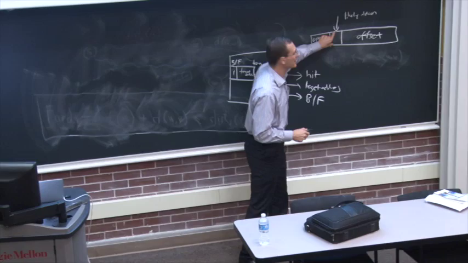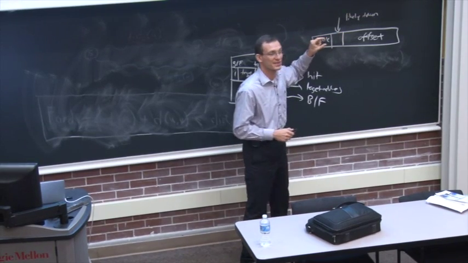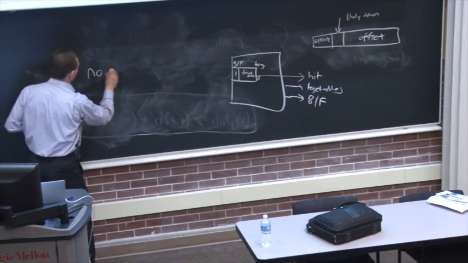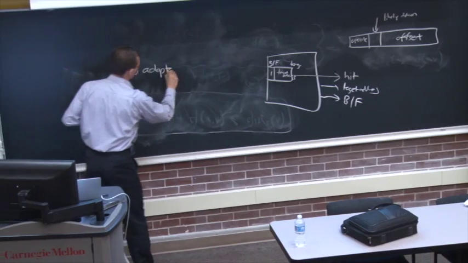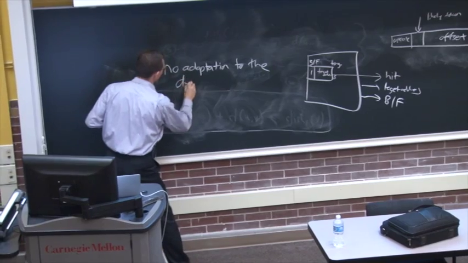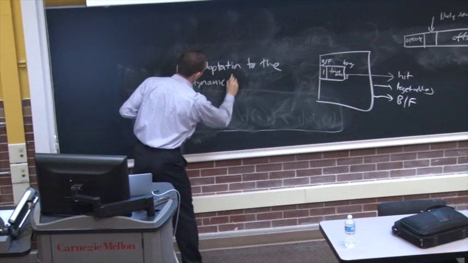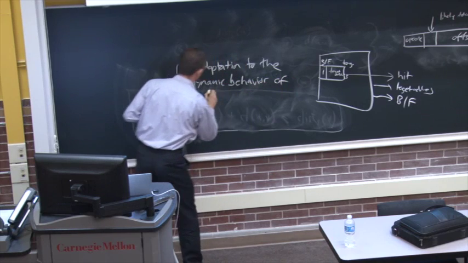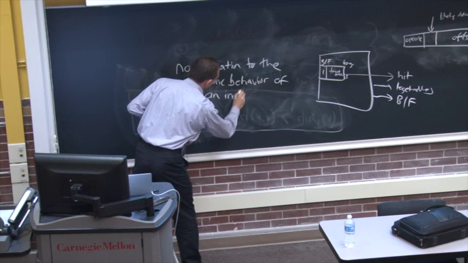But within a branch, we're still making a single prediction across different instances. So the downside here is no adaptation to the dynamic behavior of an individual branch instruction.